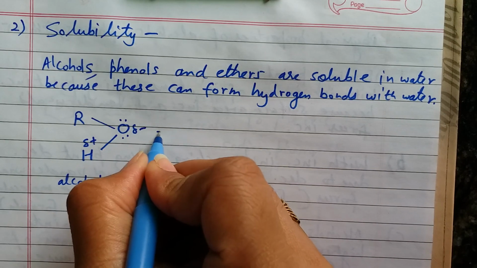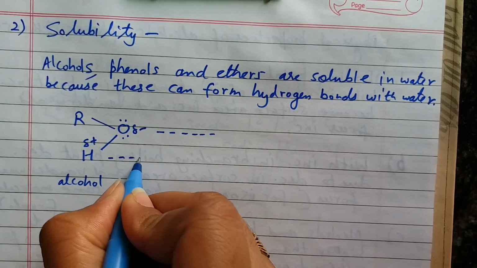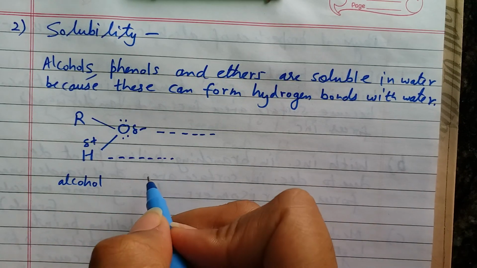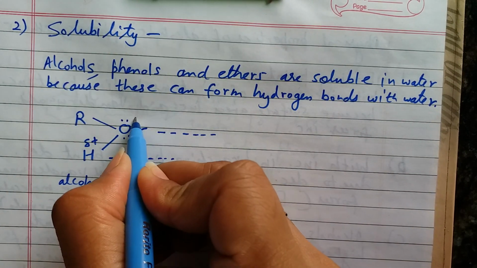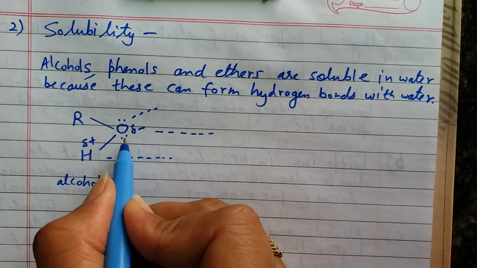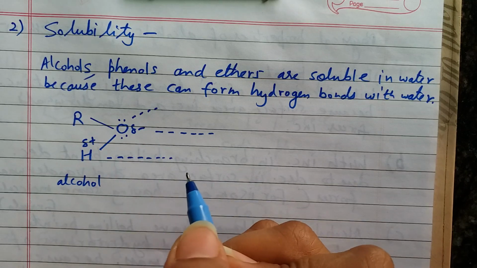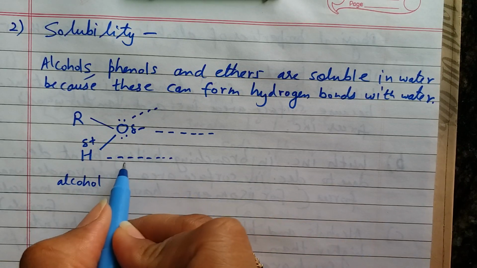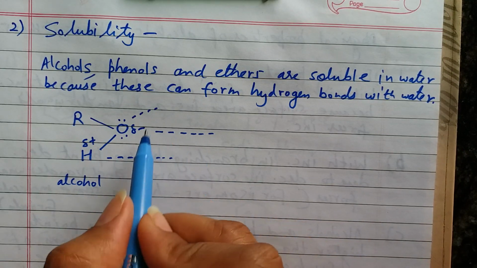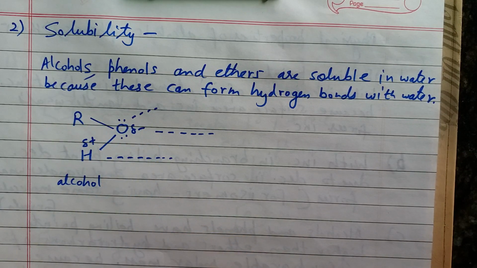Now this O minus can form a hydrogen bond. Even the H plus can form a hydrogen bond. In fact, let me tell you one more thing. O minus can form two hydrogen bonds at the same time. Why? Because of two lone pairs. The oxygen atom with two lone pairs can form two hydrogen bonds at the same time, and H plus can form one. So that means a molecule of alcohol can form three hydrogen bonds at the same time.